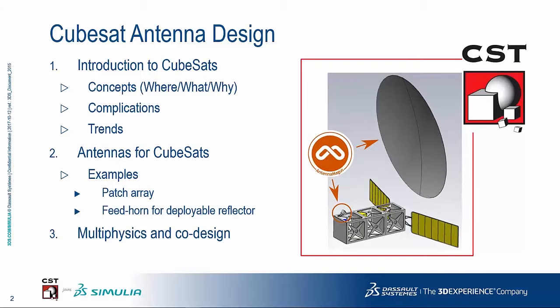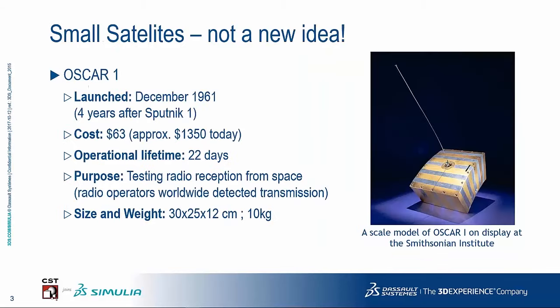So let's get going talking about some of the CubeSat concepts. The first important thing to mention is that CubeSats are not a new thing. It's in fact a very old idea. There is probably the first small satellite or CubeSat that ever existed, and it was only 4 years after Sputnik, which is the well-known satellite.